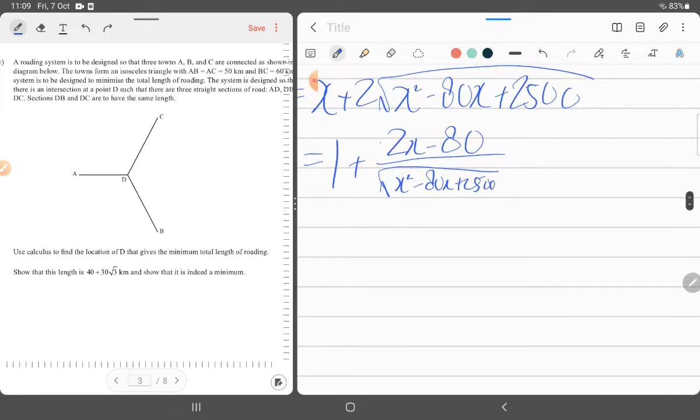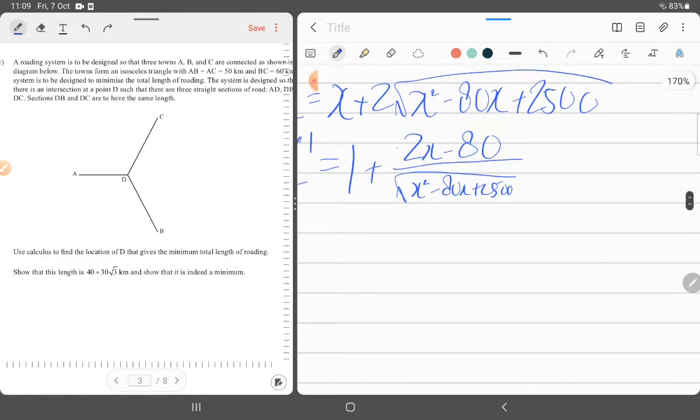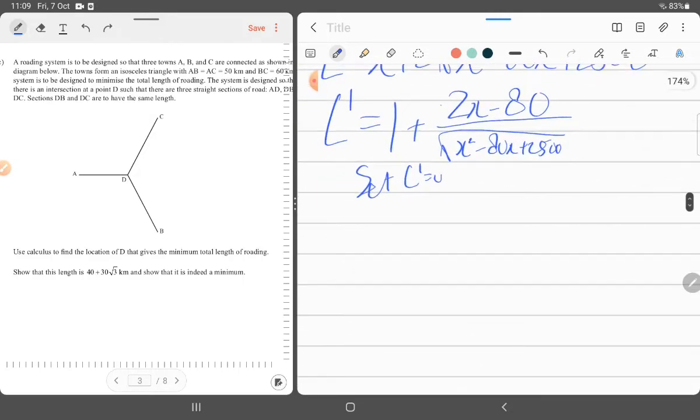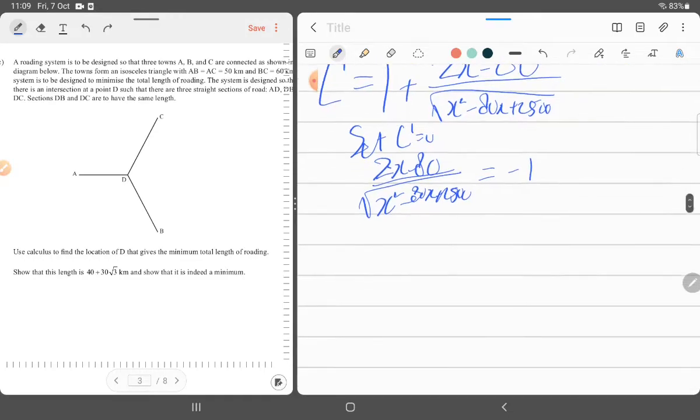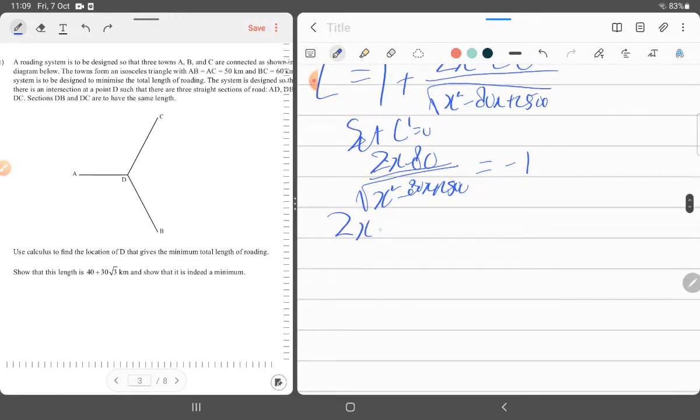So set length dash equal to 0. 2x take away 80 over square root of x squared take away 80x plus 2500 is equal to negative 1. 2x take away 80 is equal to negative square root of x squared take away 80x plus 2500.